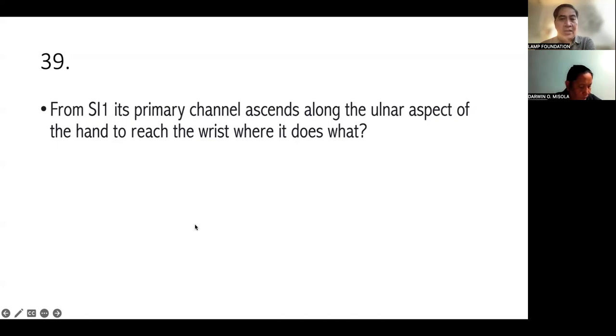Where does it emerge? Which point? The styloid process first. Yeah, styloid process of the ulna at SI6. We're still at the wrist. Okay, upon reaching the wrist, it emerges at the styloid process of the ulna at SI6, and continues along the ulna to the medial aspect of the elbow.